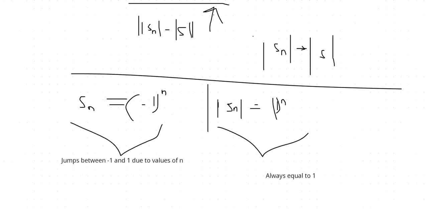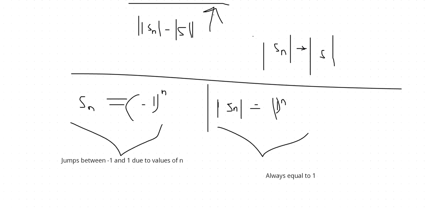I think this should be it for the first question. If we had to summarize, the convergence of sequence Sn implies the convergence of the modulus of Sn. Using the triangle inequality, the difference of the individual moduli is always less than or equal to the modulus of the difference.